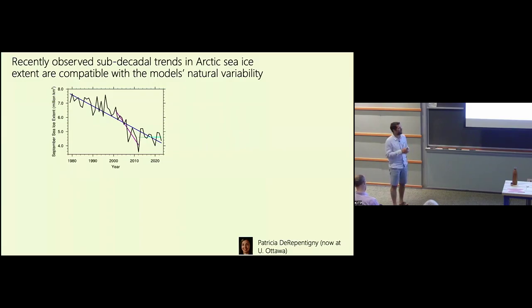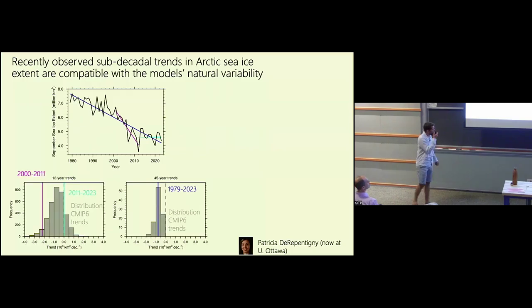It's just that you need to take the full view, and you need to recognize that climate trends are built on decades, not on 5 or 10 years. But I think it's a very legitimate question to ask whether this blue trend is compatible with the statistical distribution of all possible trends.